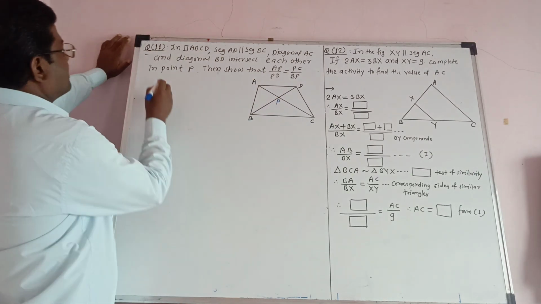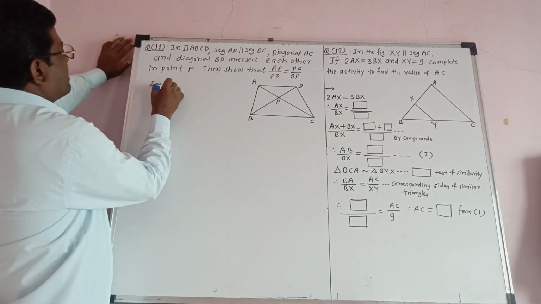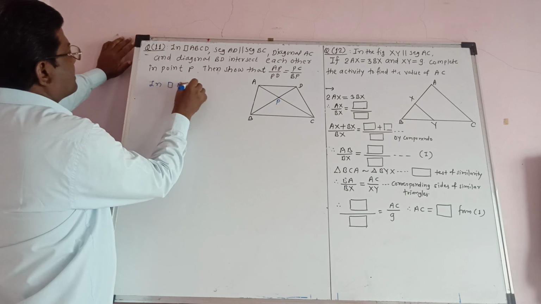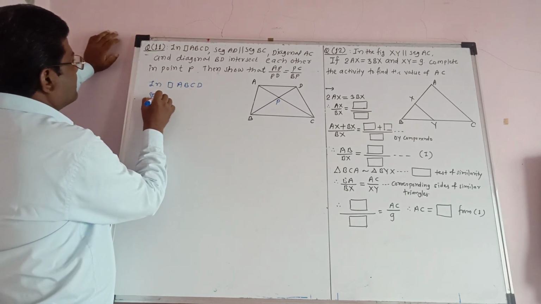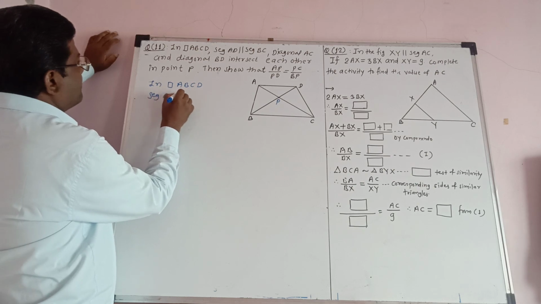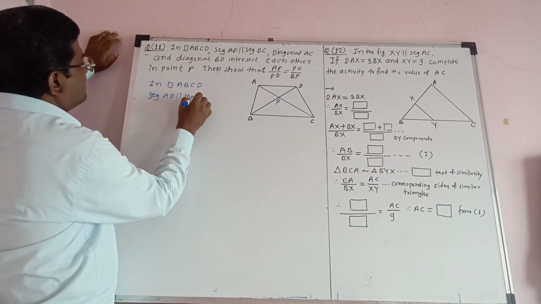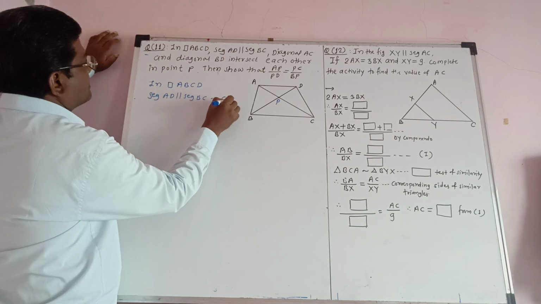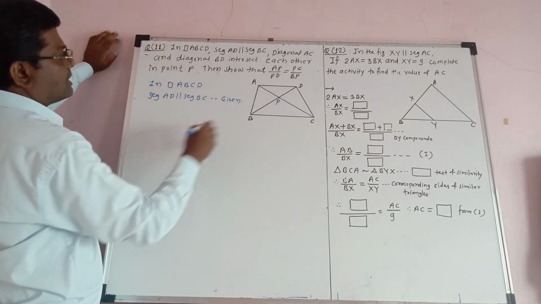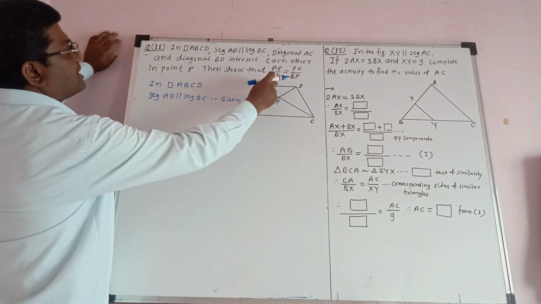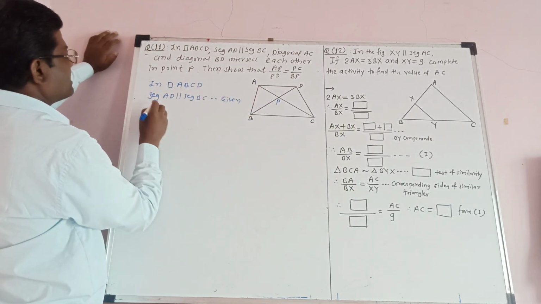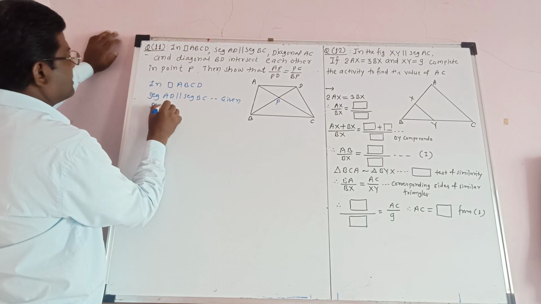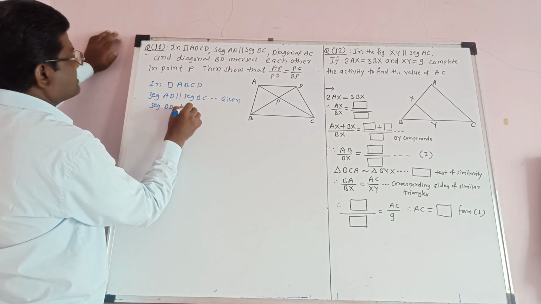In quadrilateral ABCD, segment AD parallel to segment BC, it is given, and BD is a transversal.